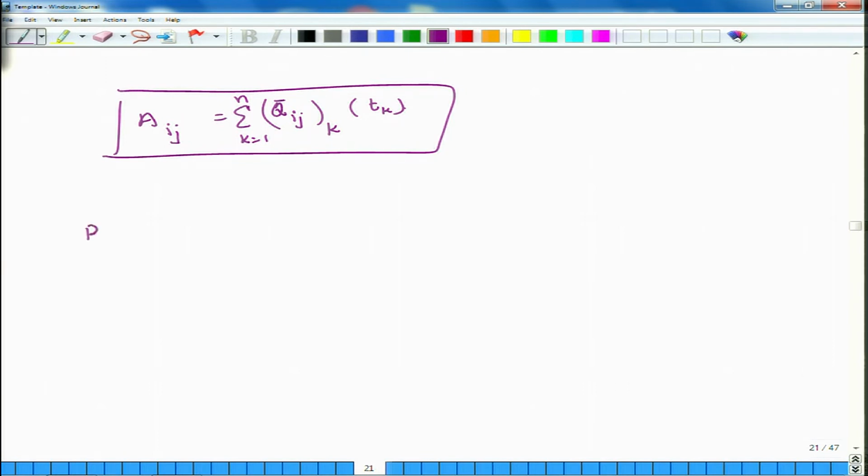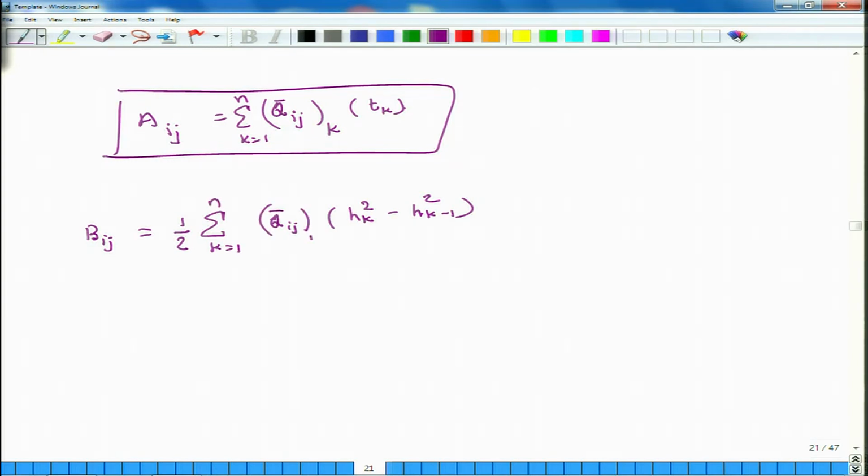Likewise, Bij is equal to the summation of Qij bar for the kth layer times Hk square minus Hk minus 1 square, and there is a factor of half, k is equal to 1 to n.